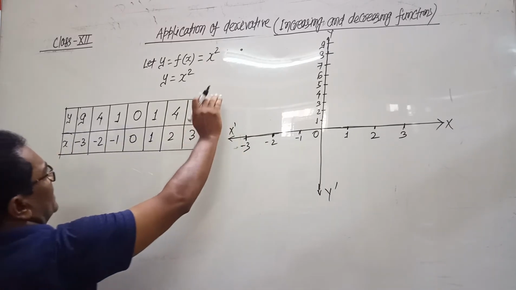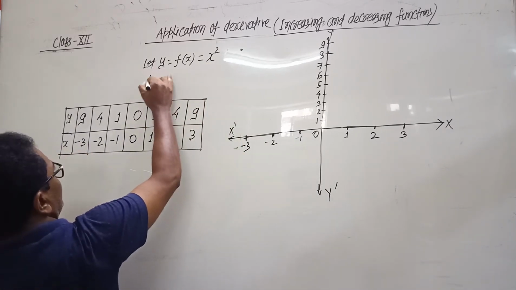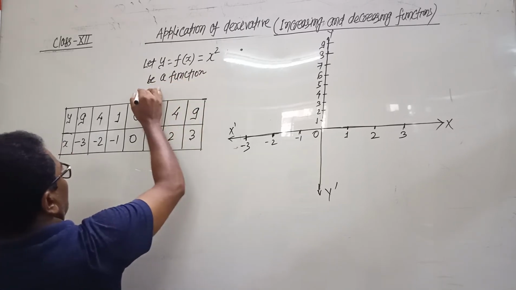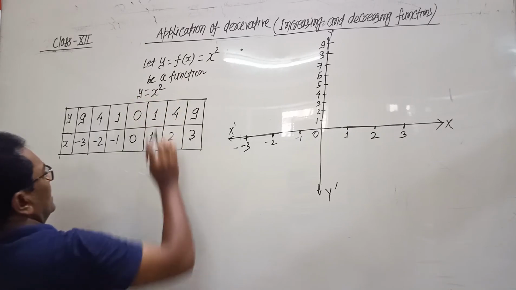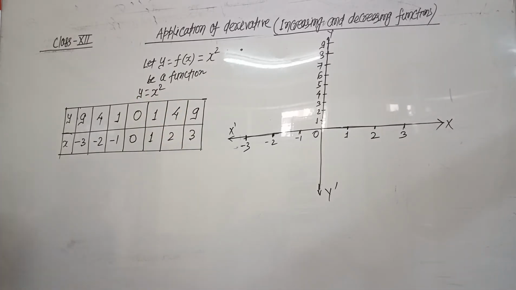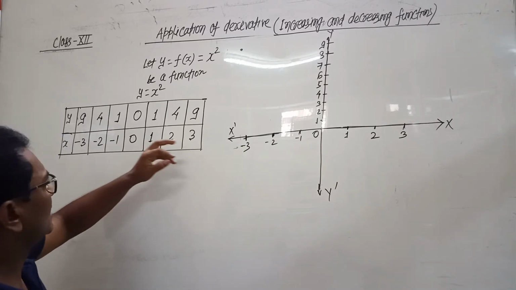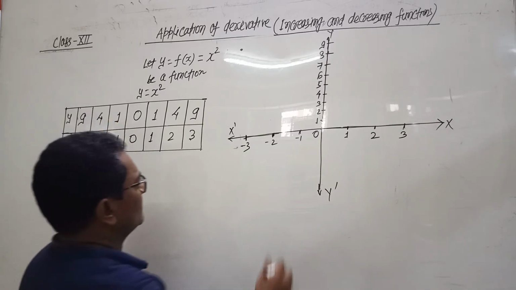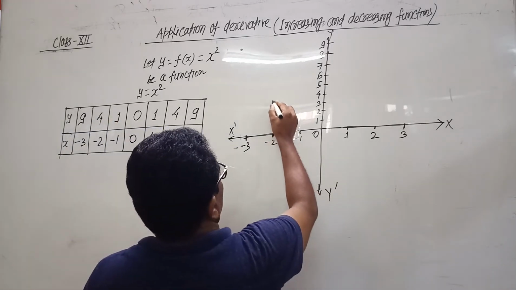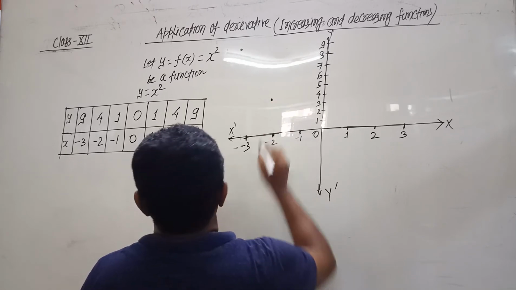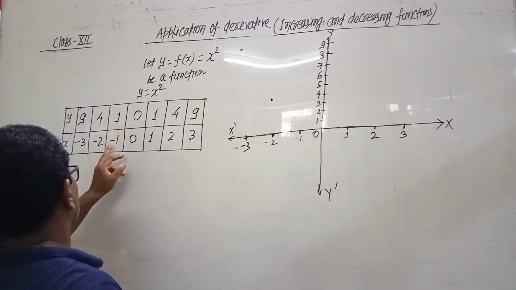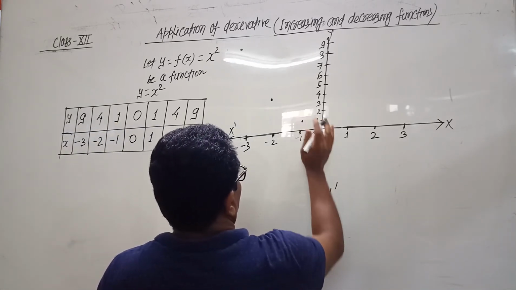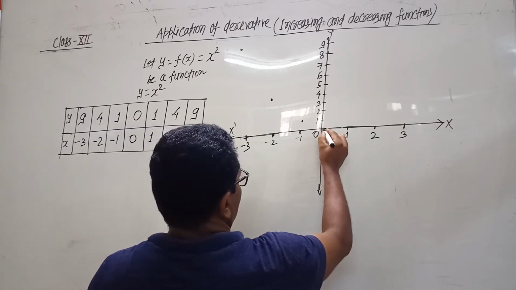Let y equals f(x) equals x square be a function, and we are taking the graph of the function y equals x square. When x is -3, the value of y is 9. When x is -2, the value of y is 4. When x is -1, y is 1. When x is 0, y is 0.